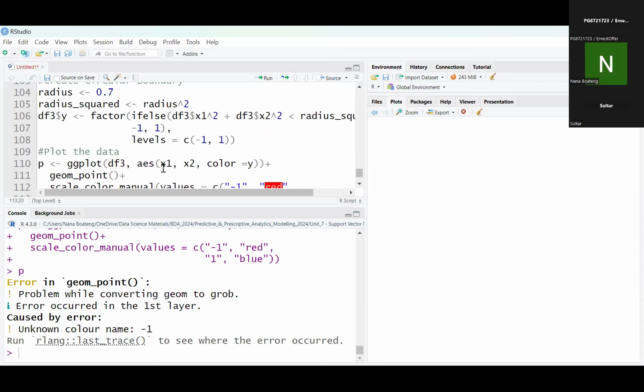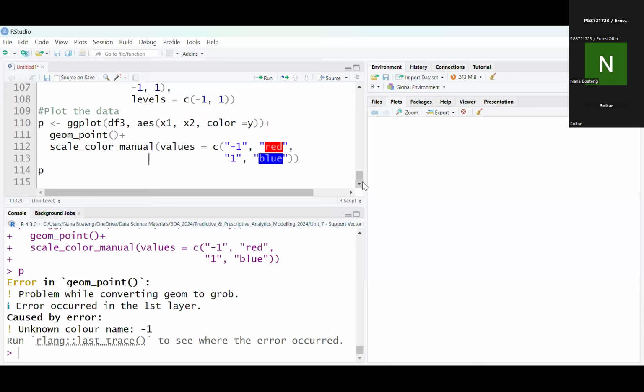Nana, the negative one should be equal to, no comma. Yeah, I've just seen it. Okay, thank you.